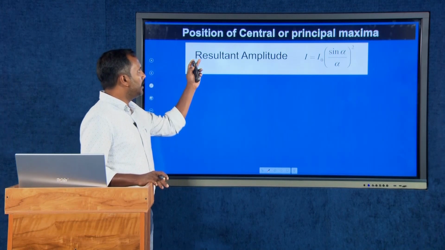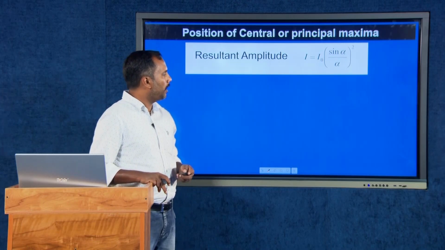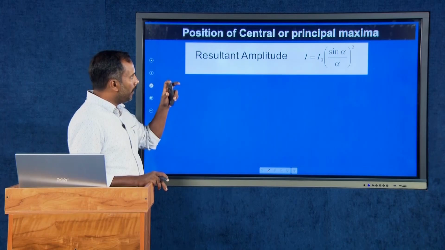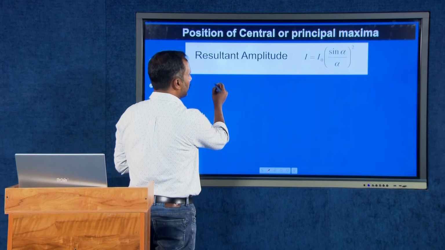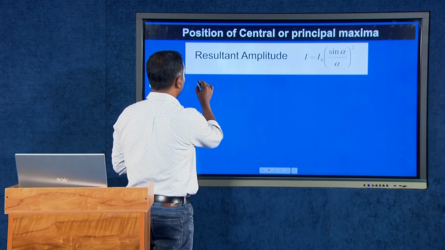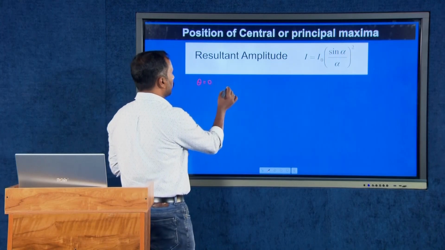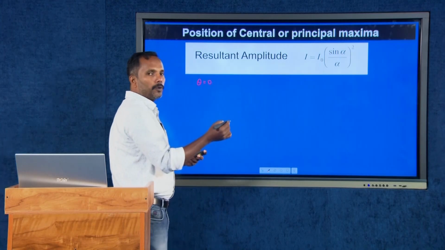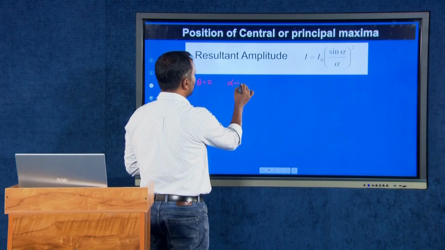So we know that the intensity is I is equal to I0 sin square alpha divided by alpha square, and when the intensity becomes maximum, as we have discussed earlier, let us consider theta is equal to 0. So when we consider theta is equal to 0, you know that alpha is directly proportional to sin theta, therefore alpha also tends to 0.